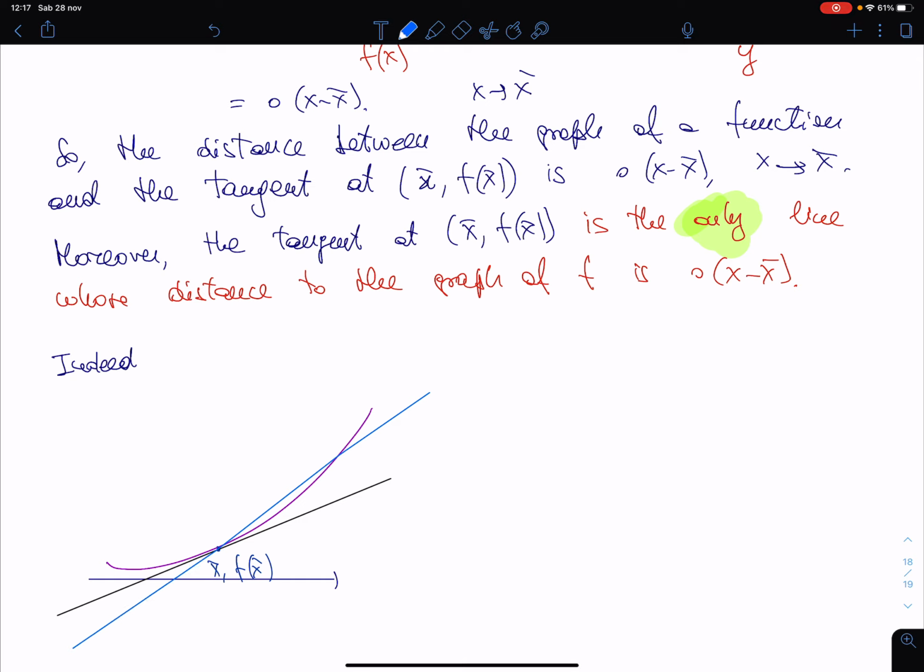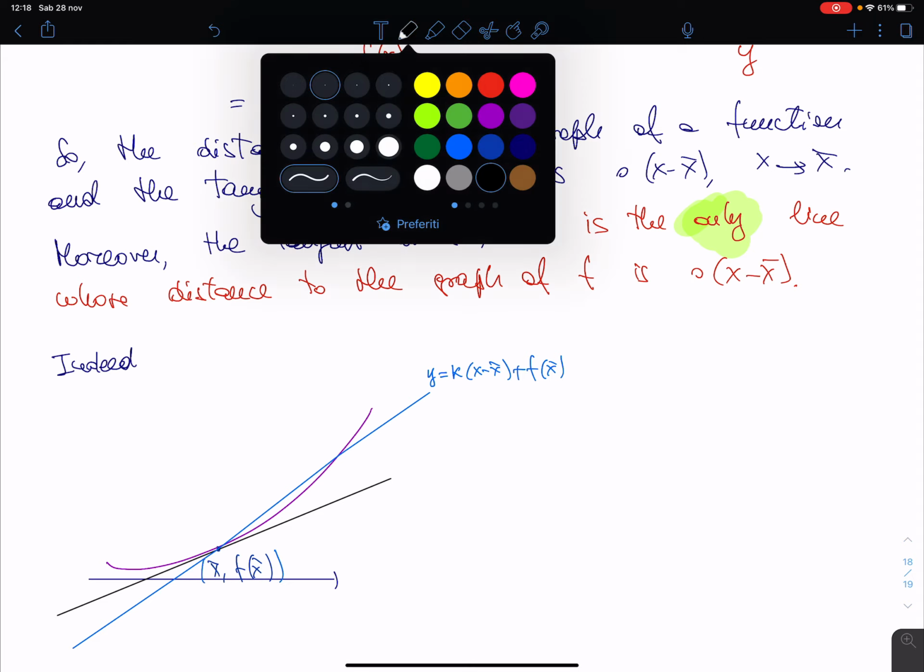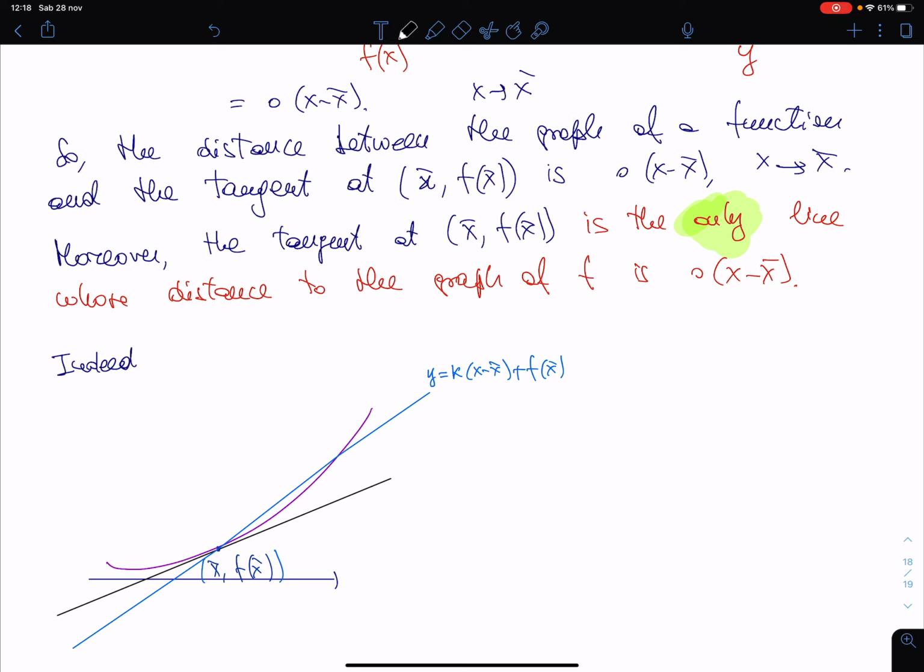So this will be y is equal to k times x minus x bar plus f of x bar. This is a generic line passing through the point x bar, f of x bar. On the other hand, the black one here is the tangent, so it is y equal to f prime of x bar times x minus x bar plus f of x bar.